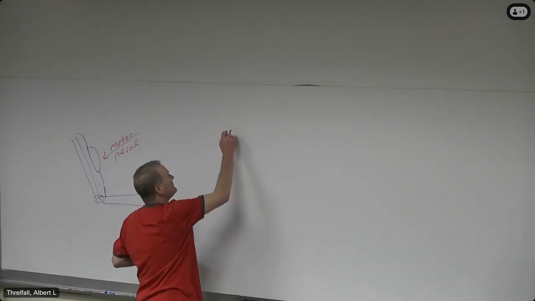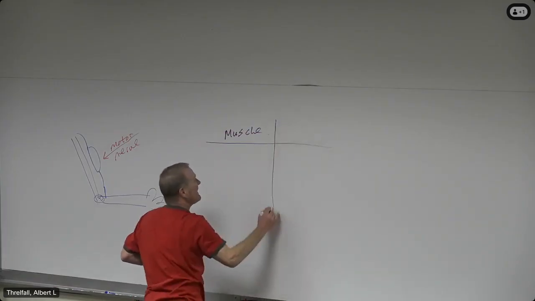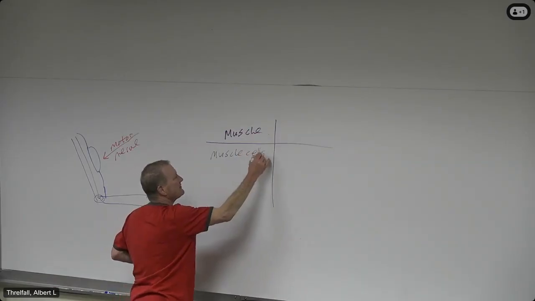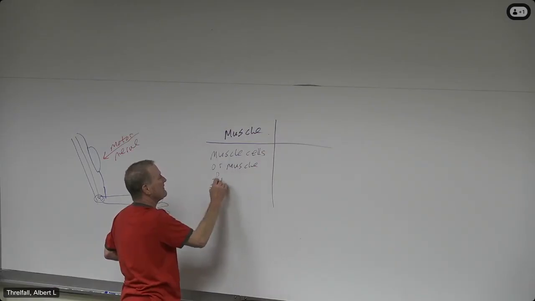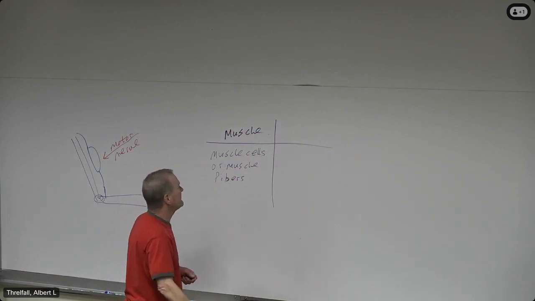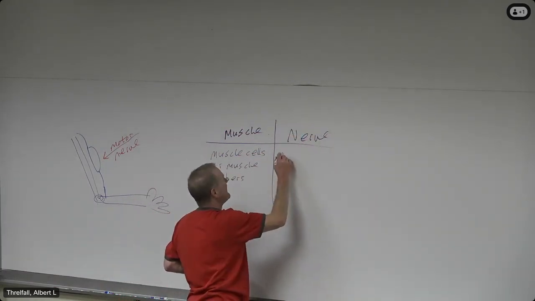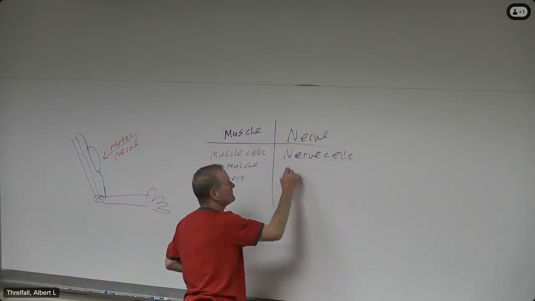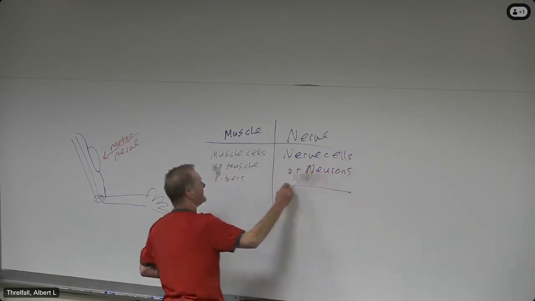So a muscle is divided into many muscle cells or muscle fibers. Same thing, interchangeable. And a nerve is divided into many nerve cells or neurons.